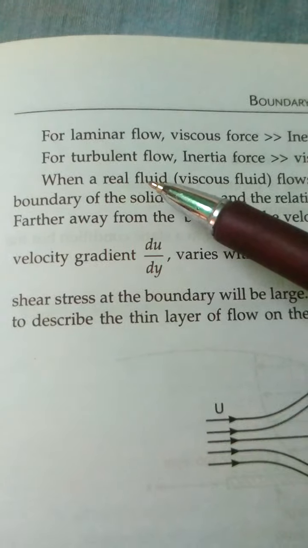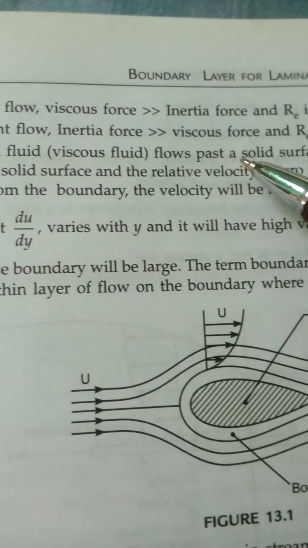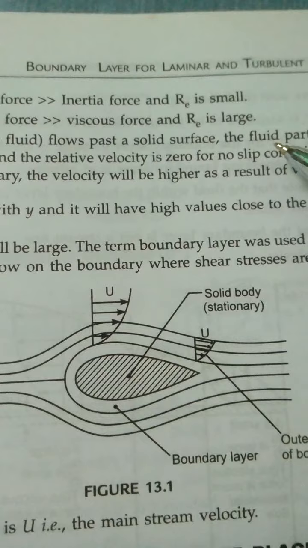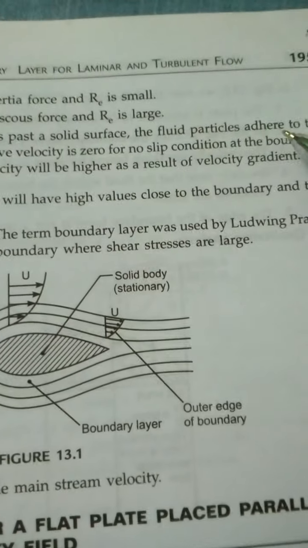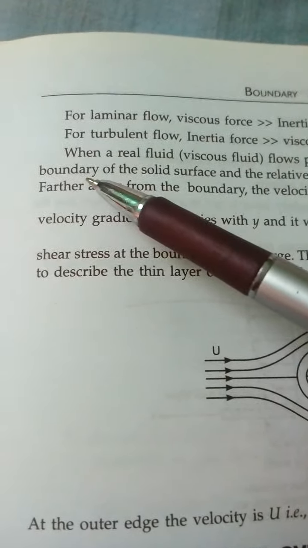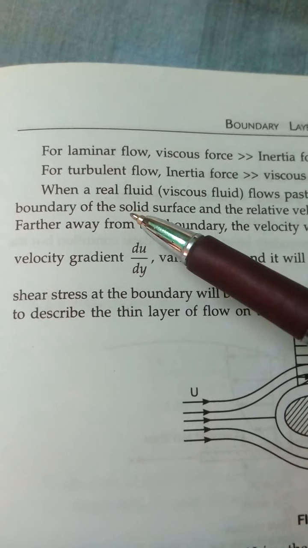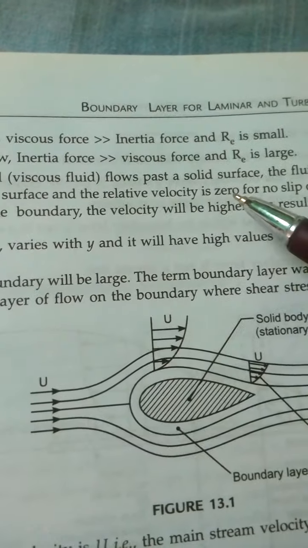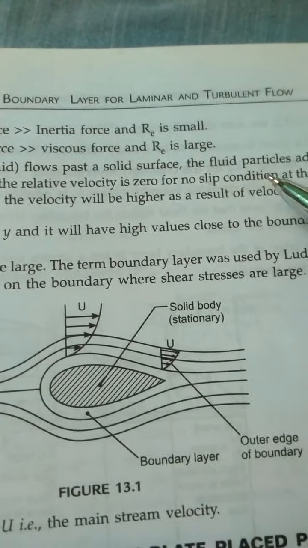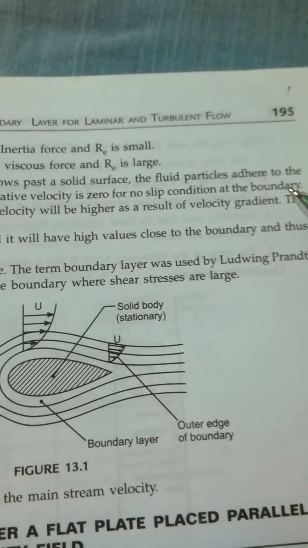When a real fluid, mu not equal to 0, that is a viscous fluid, flows past a solid surface, the fluid particles adhere to the boundary of the solid surface, and the relative velocity is 0 for the no slip condition at the boundary.